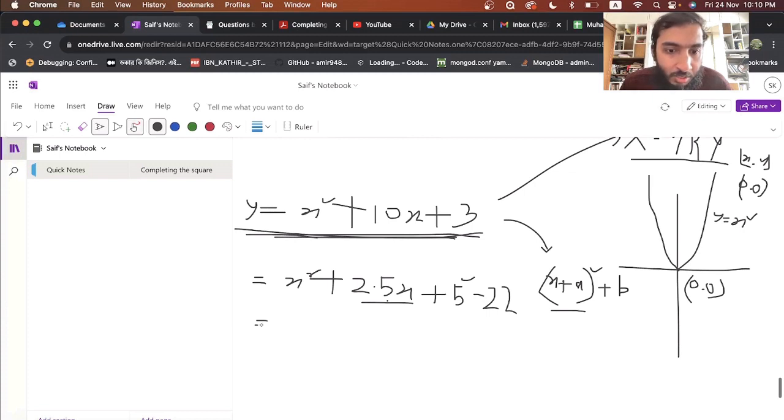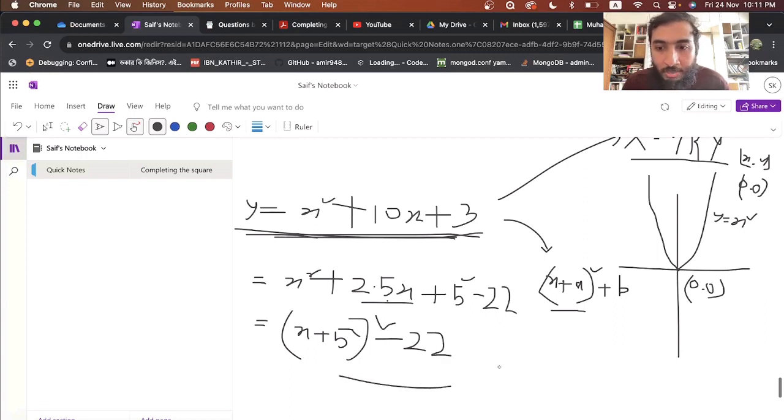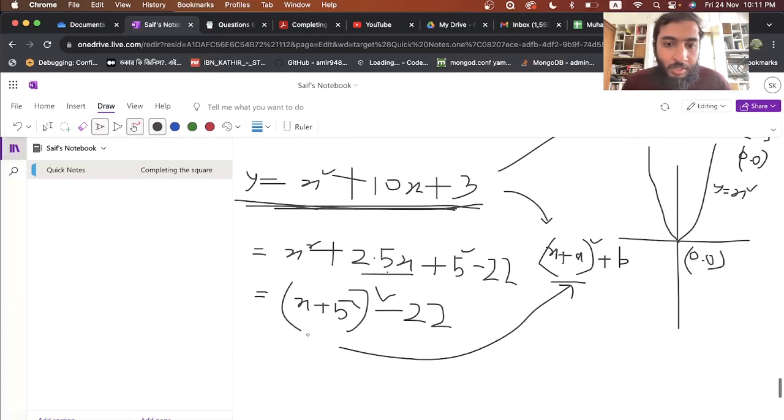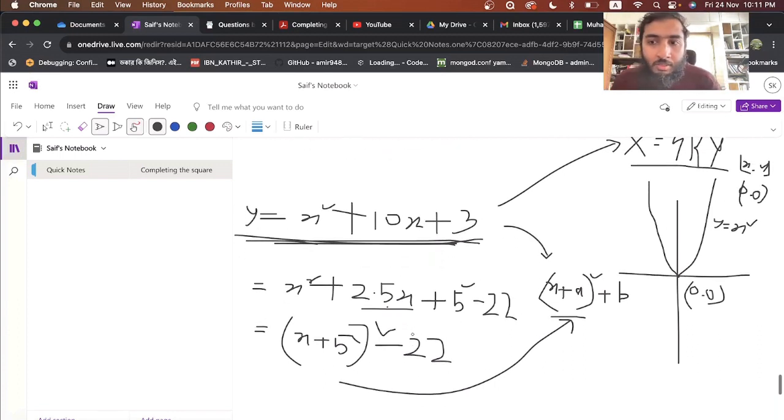This can be written as x plus 5 whole square minus 22. So this resembles the form x plus a whole square plus b, where a is 5 and b is minus 22, right?